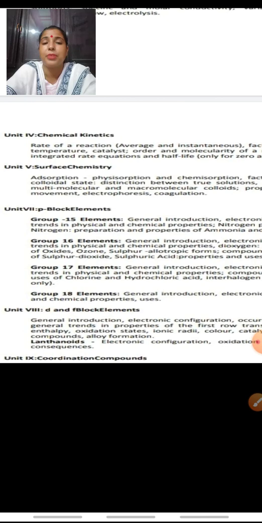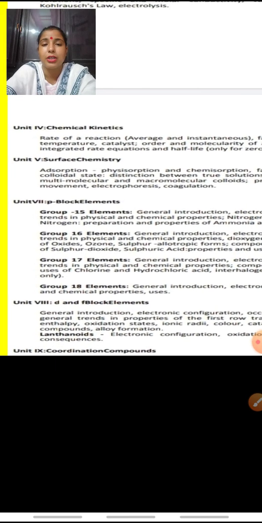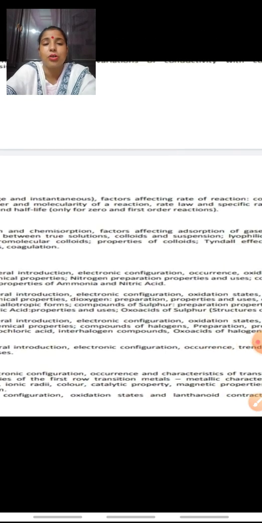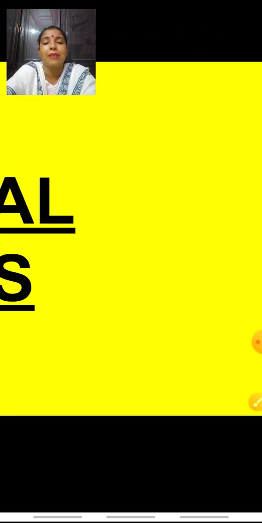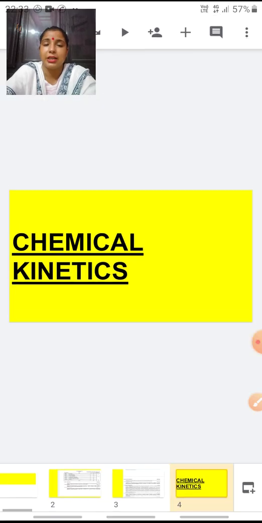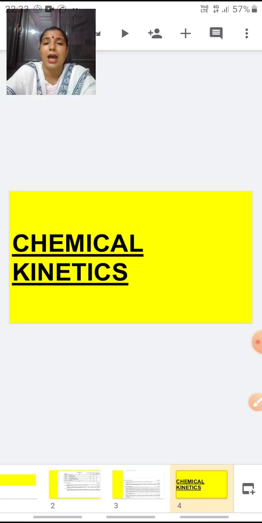The next topic that we have to cover is the integrated rate law equation and the half life, and that is also only for zero order and first order reactions. So two topics are left in the chapter, that is the integrated rate law equation and the half-life period. Rest of the topics are not there now.